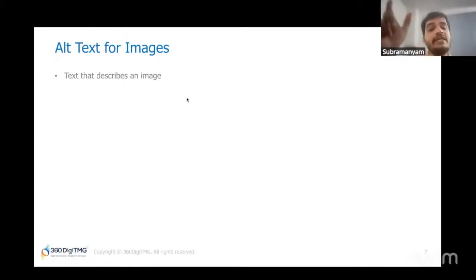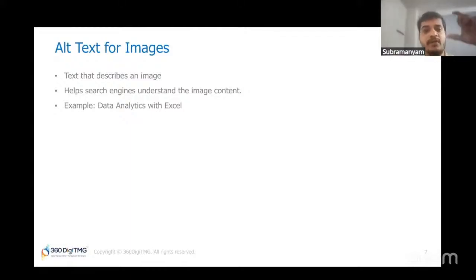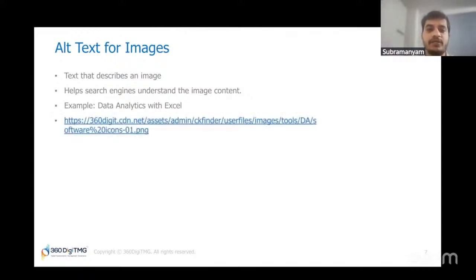If there is no keyword, Google won't pick that particular image. So by mentioning that keyword, we can also rank on images. It helps search engines understand the image content. Clear, friends? And I'll show you an example, for which image we have mentioned our keyword.